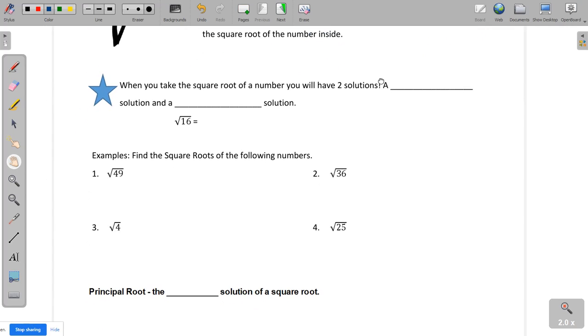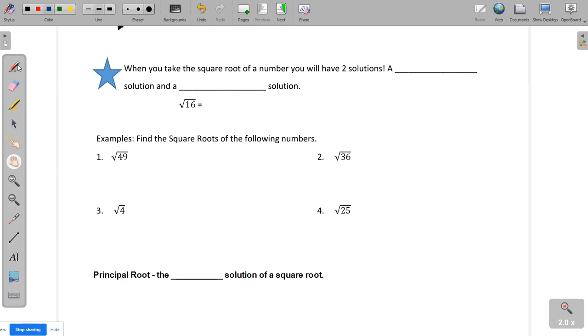When you take a square root of a number, you will have two solutions. A positive solution and a negative one. So let's look at the square root of 16. What times itself gives you 16? 4 times itself, so 4 times 4 is 16. Also, what about negative 4 times negative 4?